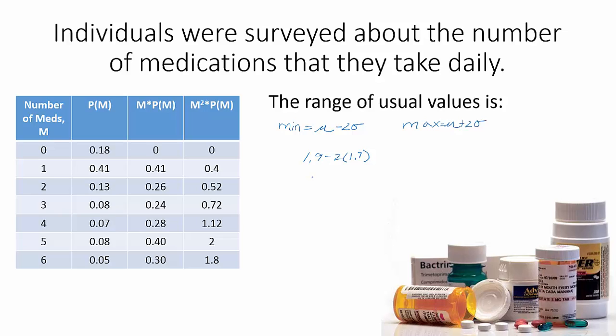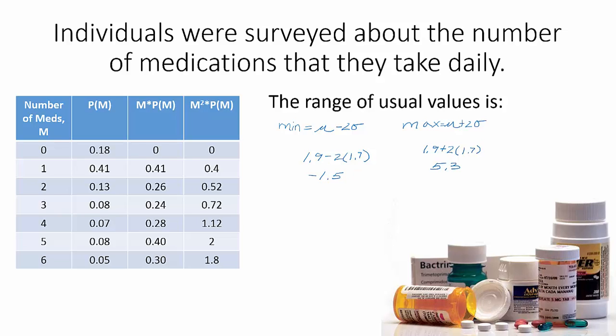And I do the math on my calculator, I came up with negative 1.5. And then do the maximum usual value, so mean 1.9 plus 2 times standard deviation of 1.7. And I put that on my calculator and I come up with 5.3. So usual values are from negative 1.5 up to 5.3.